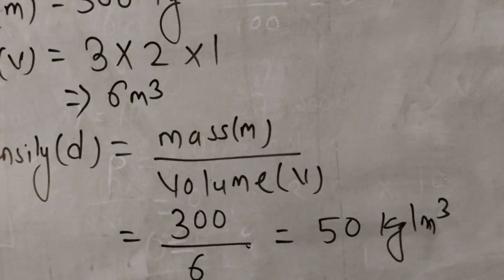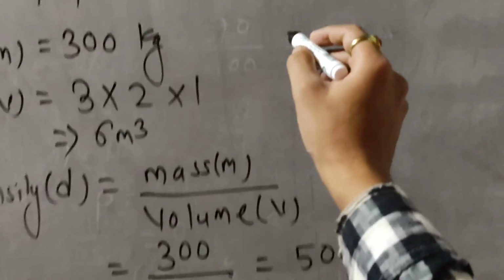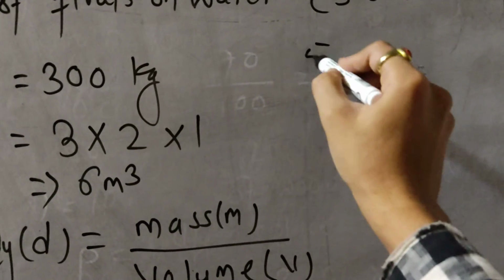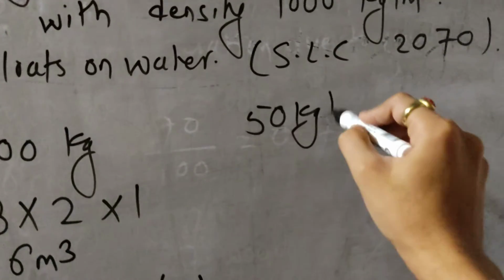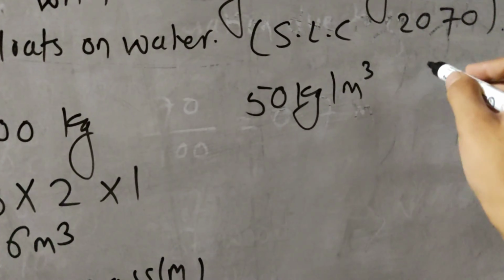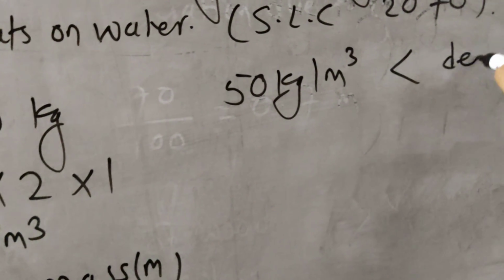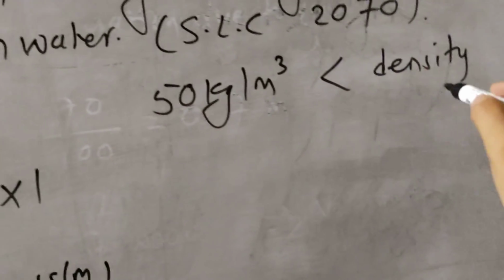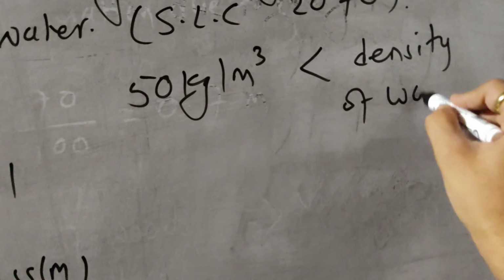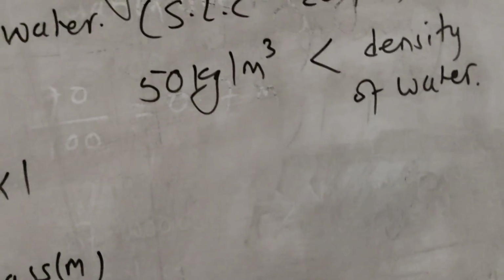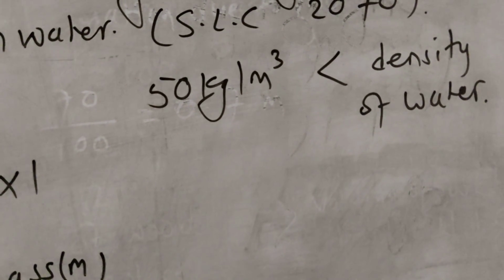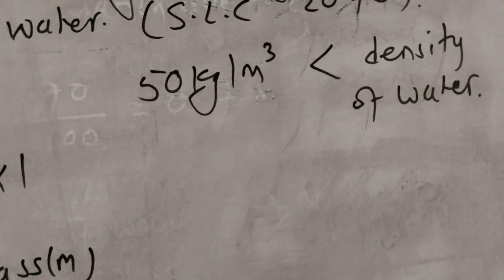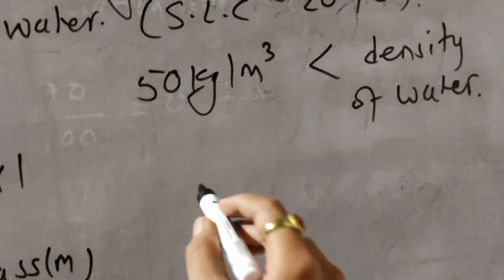Okay, this density, 50 kg per meter cube, is smaller than the density of water. Right? If the density of water is more, then what happens? In that condition, if the density of any object is less than that of water, then the object will float.